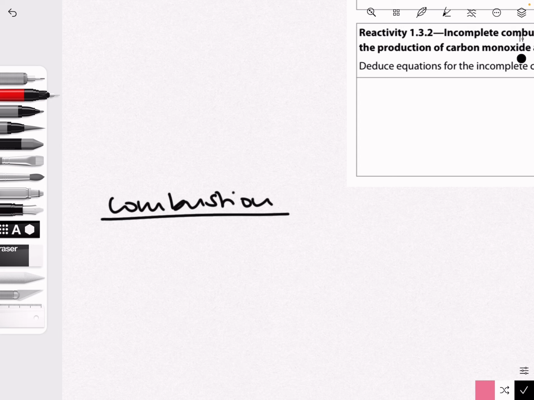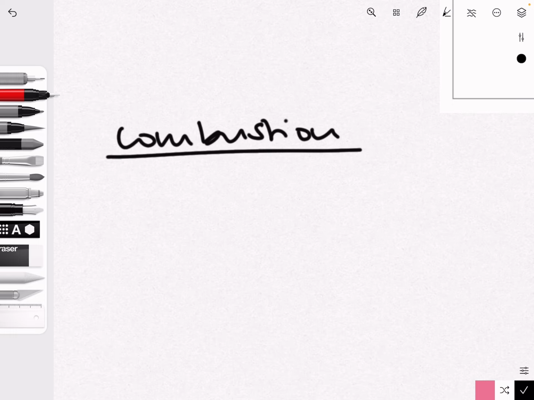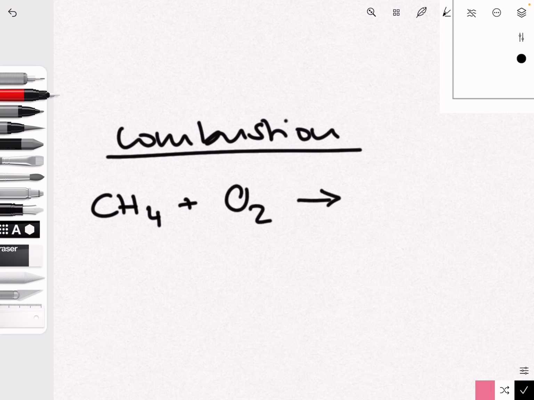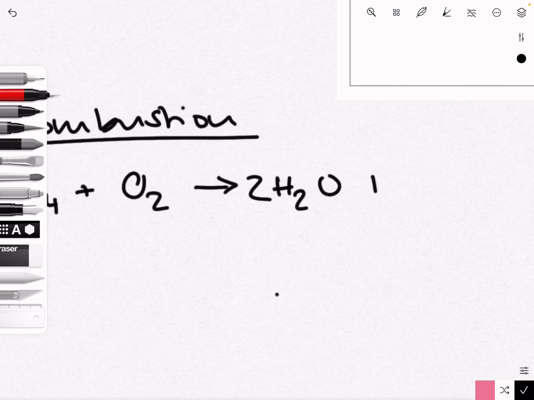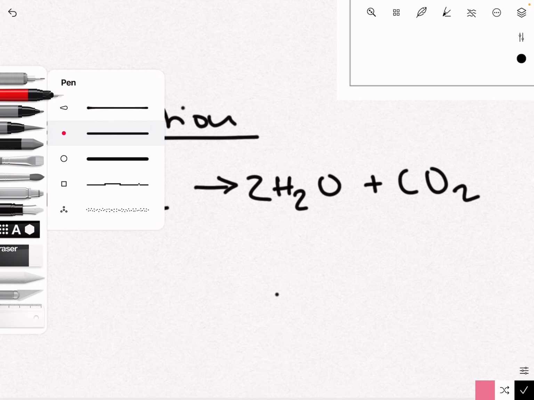So combustion is the name that we give to a reaction in which we have a hydrocarbon, usually a hydrocarbon fuel, which is oxidized in order to form water vapor and carbon dioxide.